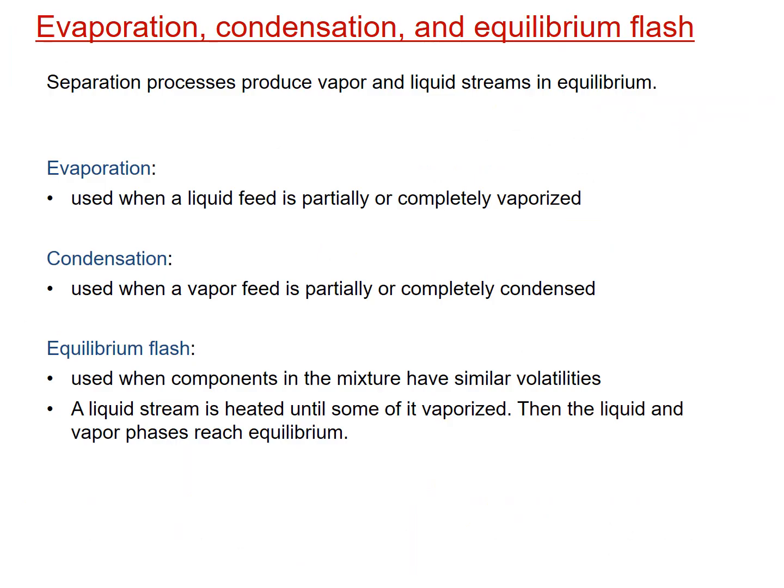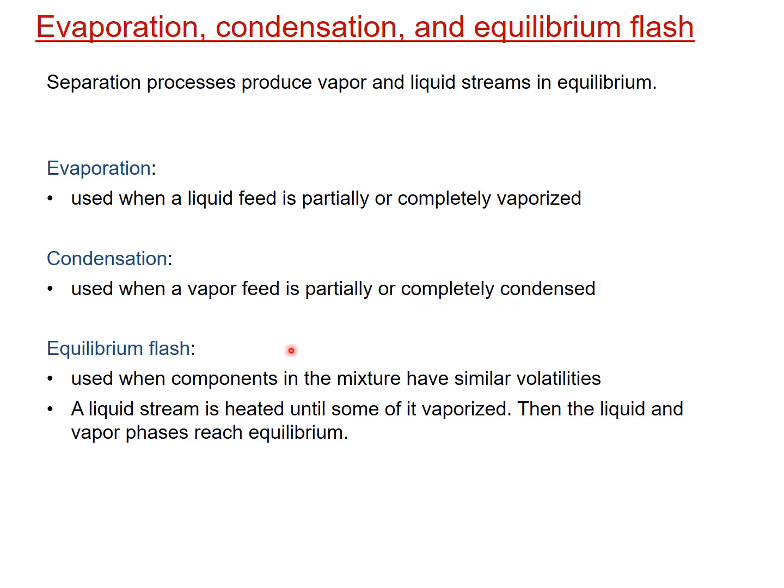Evaporation, condensation, and equilibrium flash. Those separation processes produce vapor and liquid streams in equilibrium. The evaporation technique is used when a liquid feed is partially or completely vaporized. The condensation method is used when a vapor feed is partially or completely condensed.